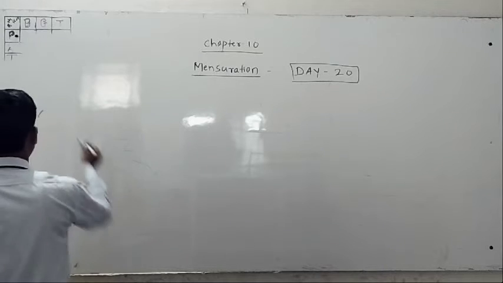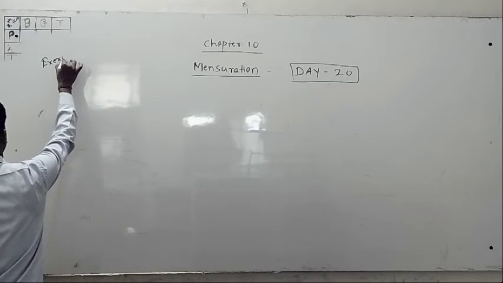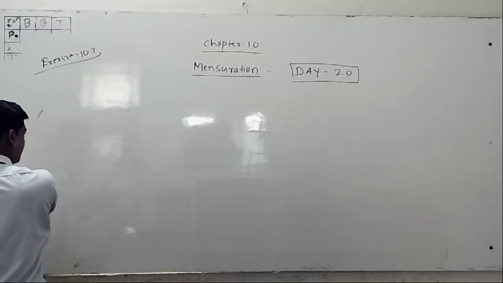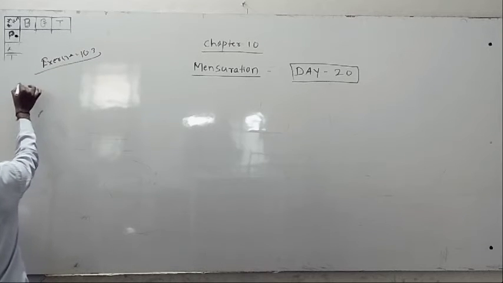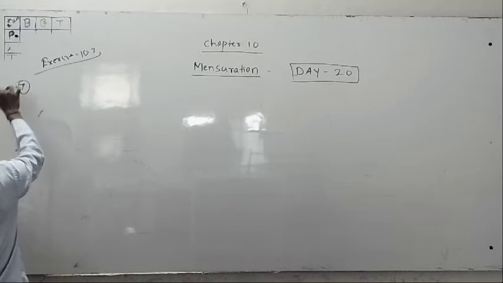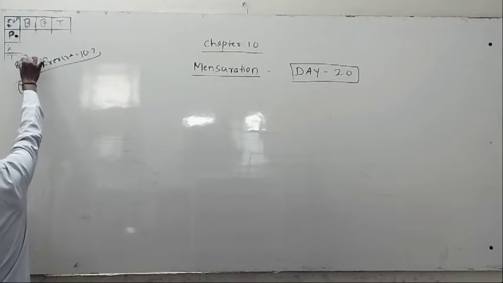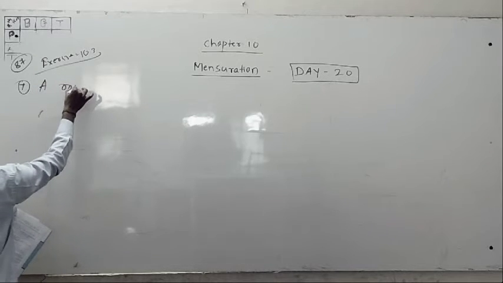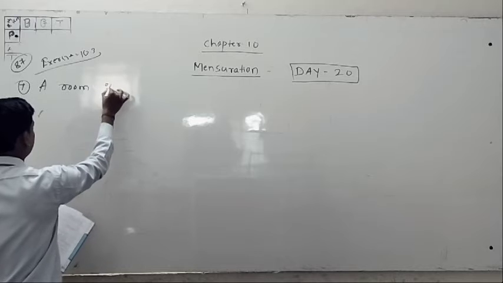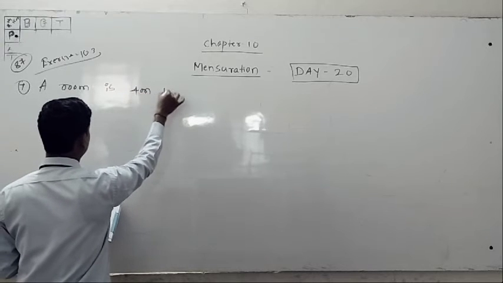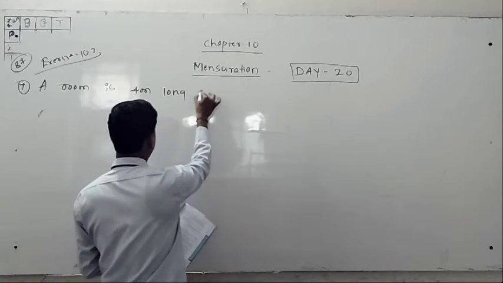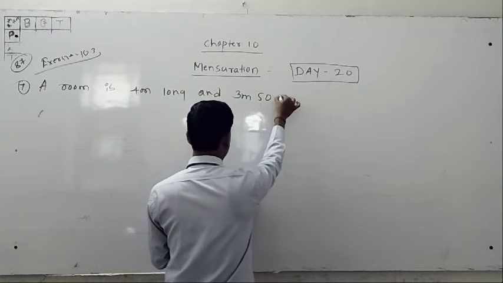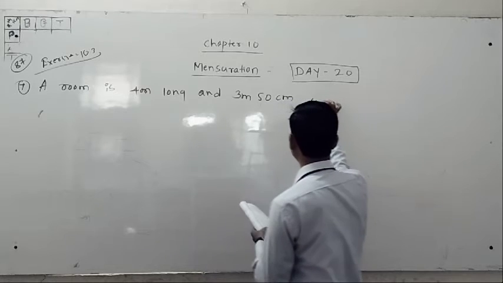Next question, your exercise 10.3 problems. They given the 7th problem. Now I am going to solve page number 87. A room is 4 meter long and 3 meter 50 centimeter wide.